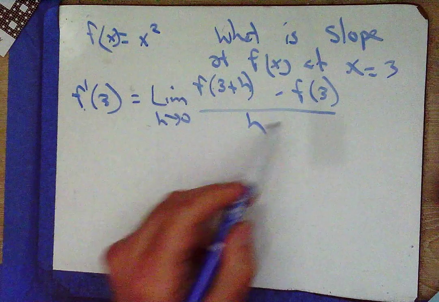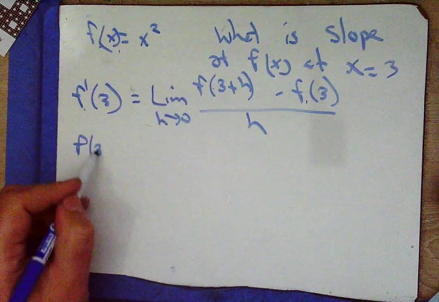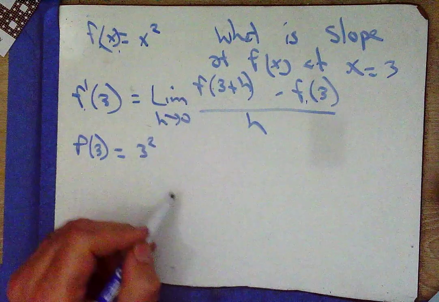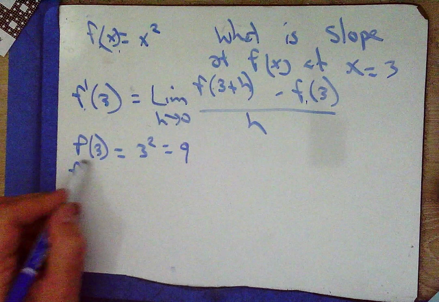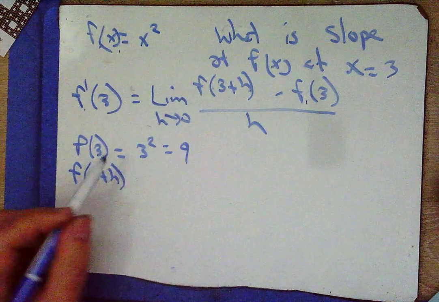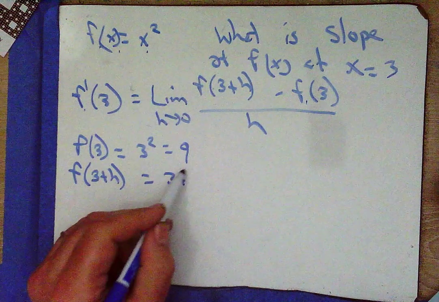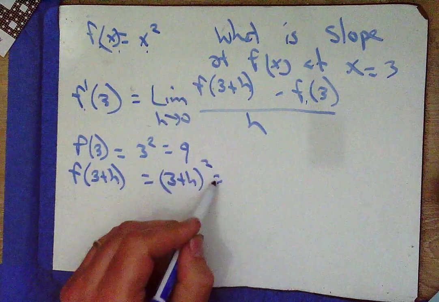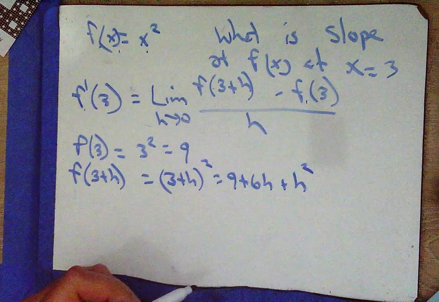Okay, so how do I find f of 3? Well, here's f of x. F of 3 is I replace all the x's with 3's. So f of 3 is 9. What about f of 3 plus h? Well, now I have to replace this x with 3 plus h. So 3 plus h squared, or 9 plus 6h plus h squared.